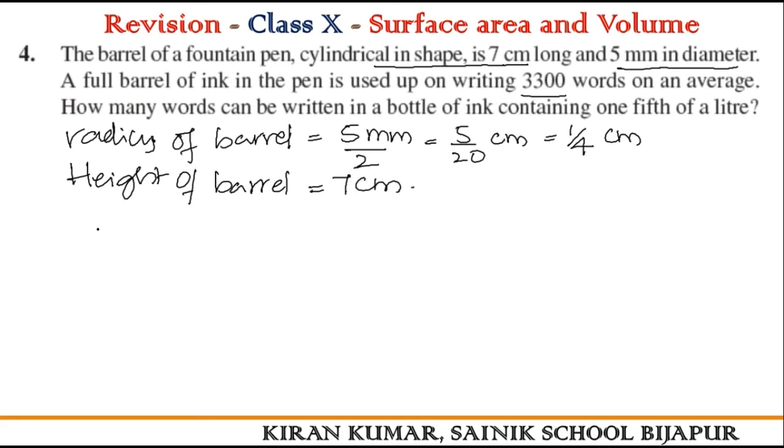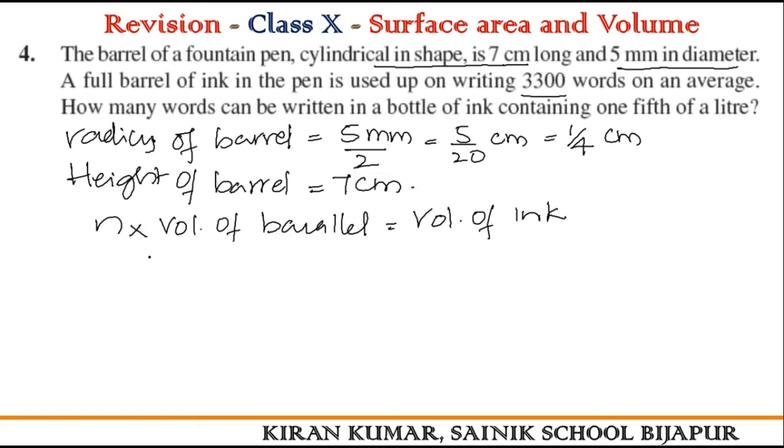So now we will find out the number of barrels. So n times volume of barrel will be equal to volume of ink. It's cylindrical in shape, so n times pi r square h will be equal to 1 by 5 times 1 liter.